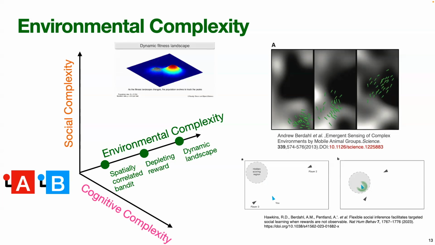There are also some previous experimental or theoretical works studying what kind of social learning, or in general learning mechanism, can make it possible to keep track, and under what circumstances groups fail to keep track of this environmental change. So yeah, that's the possible environmental complexity dimension, and you can of course think about many other complications in the environment.